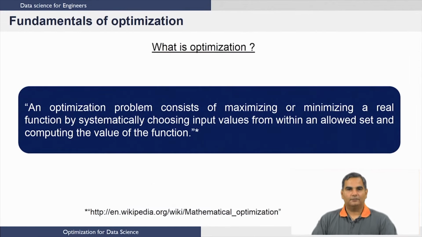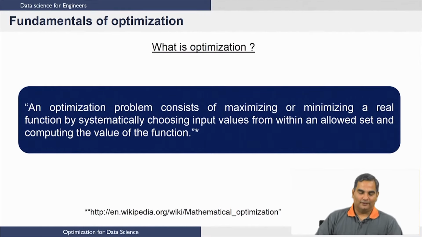So, we will start by asking what is optimization, and Wikipedia defines optimization as a problem where you maximize or minimize a real function by systematically choosing input values from an allowed set and computing the value of the function.